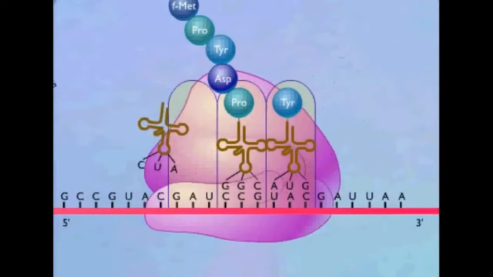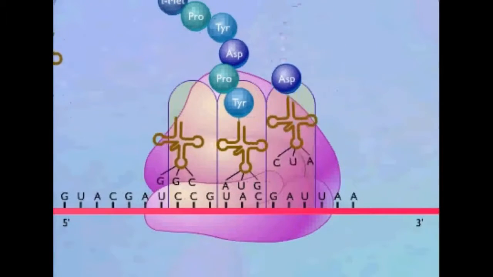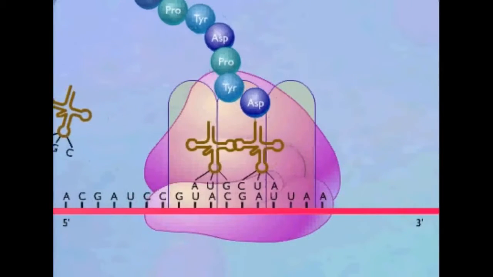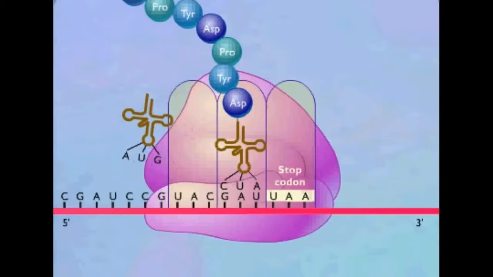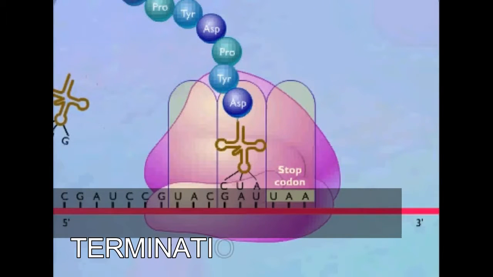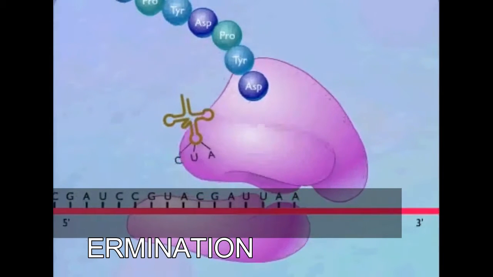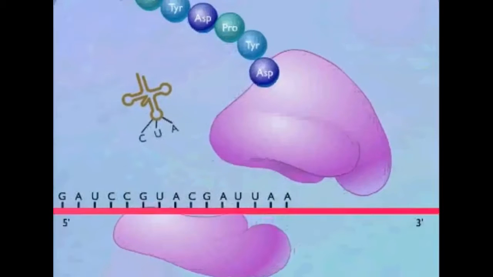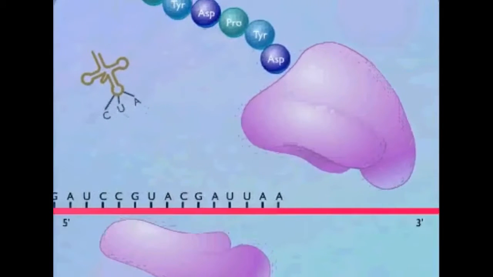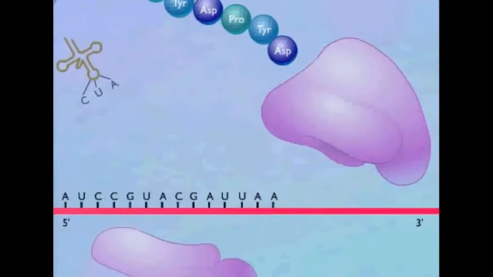Elongation of the polypeptide chain is terminated when a stop codon moves into the A site. The stop codon doesn't specify an amino acid and doesn't have a corresponding transfer RNA. The ribosome dissociates into its 30S and 50S subunits, and the messenger RNA and the protein are released.